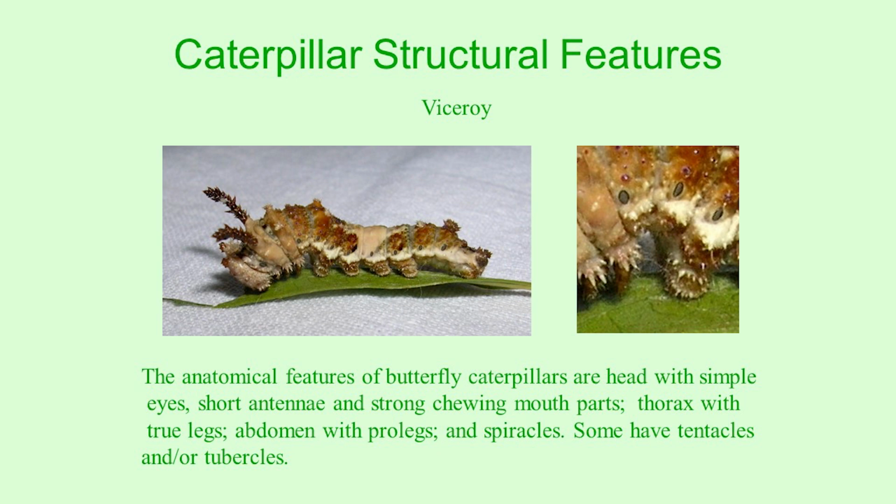And those are the spiracles. The spiracles are the areas of a caterpillar that they breathe through. Their respiratory system is not like ours, so they don't have lungs like we do, and mouth. They don't breathe through their mouths, but they have these spiracles that they breathe through.